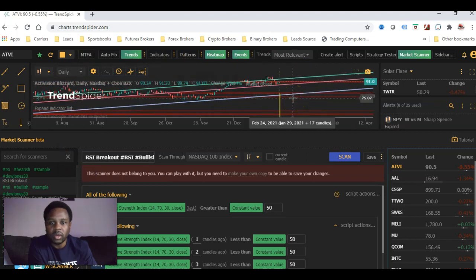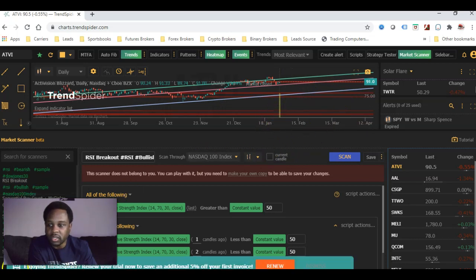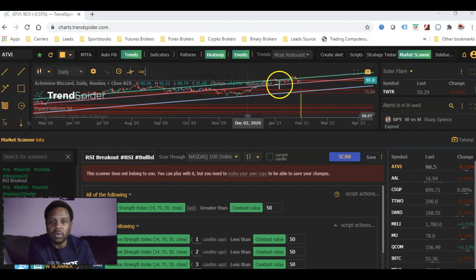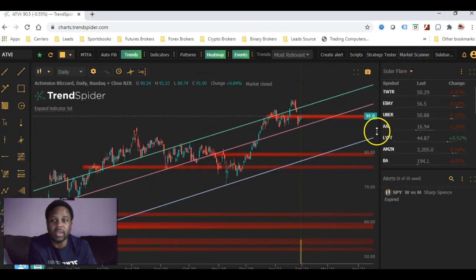Okay. All right, here. Hold on, let me fix this real quick. Just a second. Okay, I think I just got to remove the scanner. Okay, there we go. All right, so I just have to hit the scanner button. All right. Anyway, so basically here, this is showing a breakout. Okay, an RSI breakout on this particular type of stock.